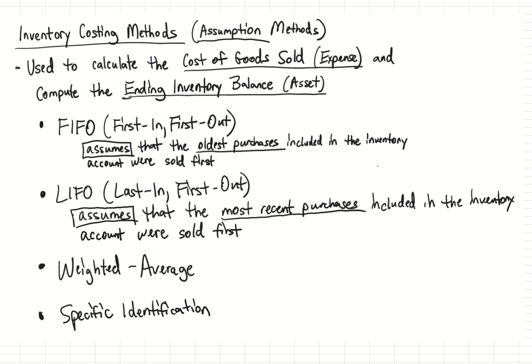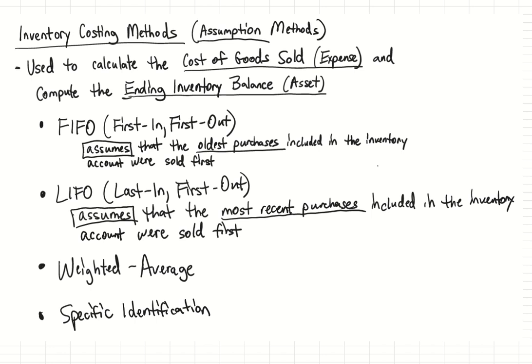Since you're buying these items in bulk, it would take too much time to have somebody go in and figure out what each item costs and put that in the system. So because of that, businesses are given methods to report their expense once the items are sold and figure out what the inventory valuation will be that should be reported in their books.